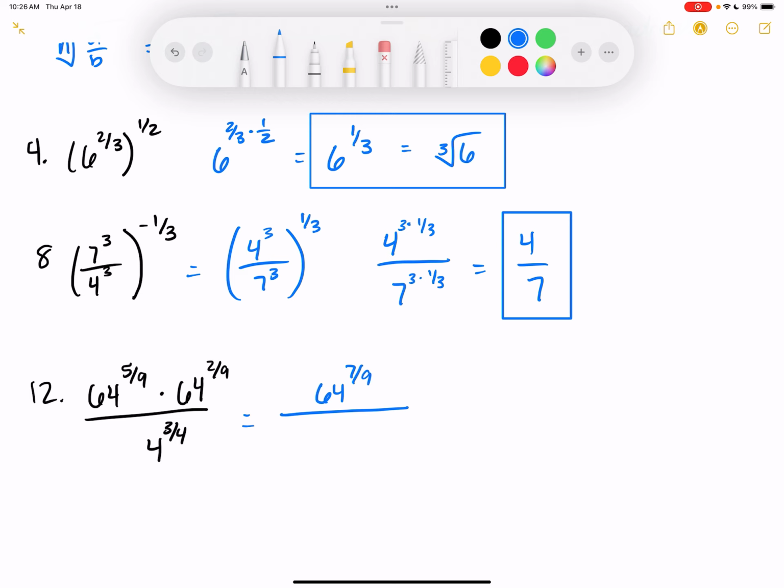Any idea what I can do on the bottom to try to get the same base? I'm trying to get the same base as 64. So what power is this being raised to?